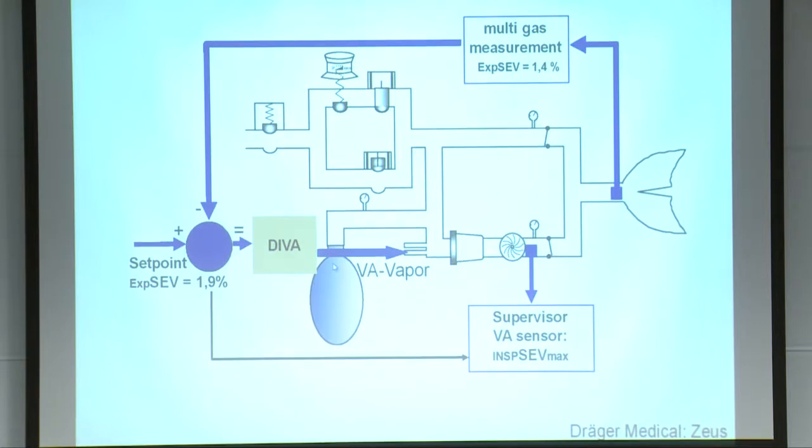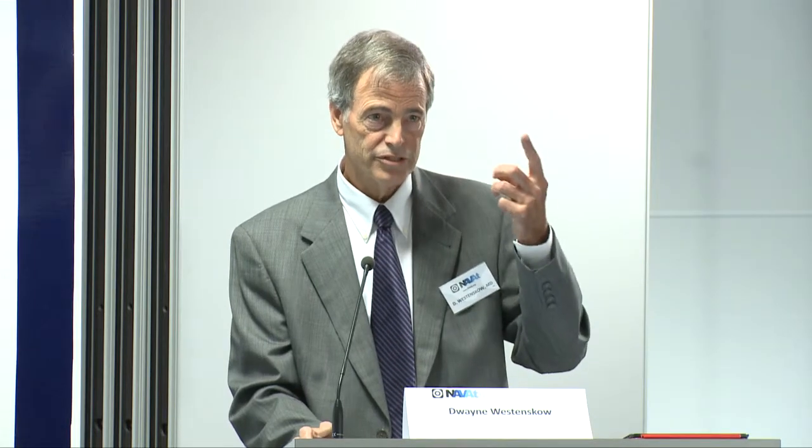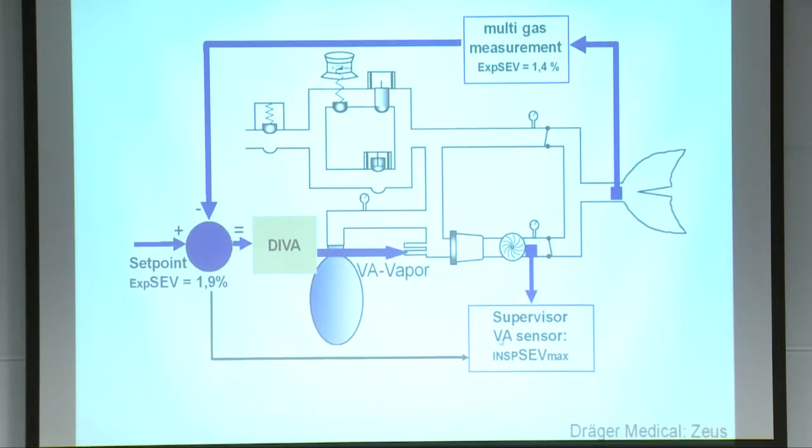And now you have the closed circuit control of both oxygen, nitrous oxide, and anesthetic agent. So over the years, automation is brought to bear in the use of closed circuit anesthesia. And as we just heard from Professor Montier, Draeger added a supervisor, a second sensor independent of the first, to supervise and manage the system.